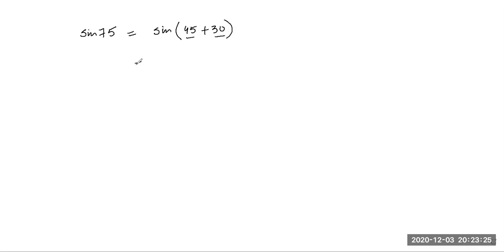So this is sine A plus B. What is the formula of sine A plus B, students? It will be sin A cos B plus cos A sin B. Function is changing, sine is not changing.